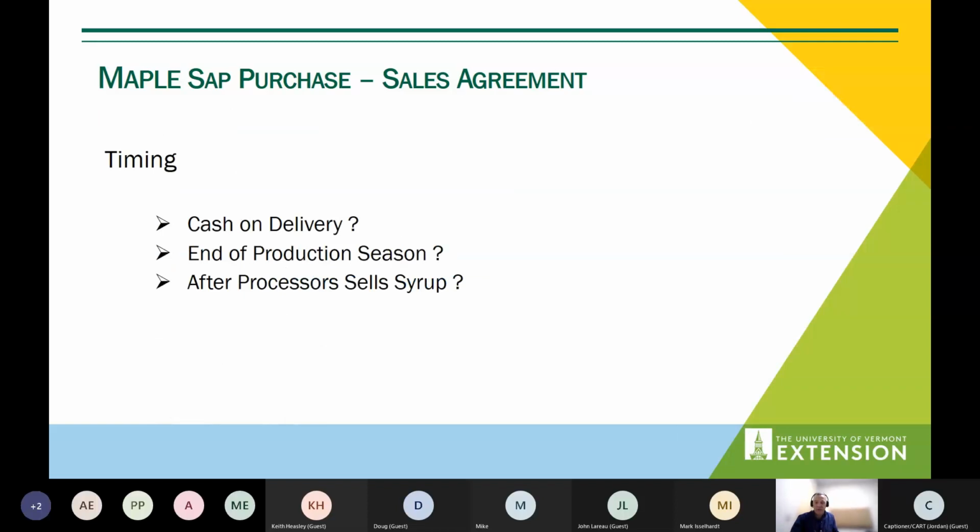Okay, finally here for our specifics, without getting into the real legalese here, timing. What are you looking for? Are you looking for cash on delivery? Can you realistically expect cash on delivery? If you're a sap seller, you're looking for payment at the end of the production season.